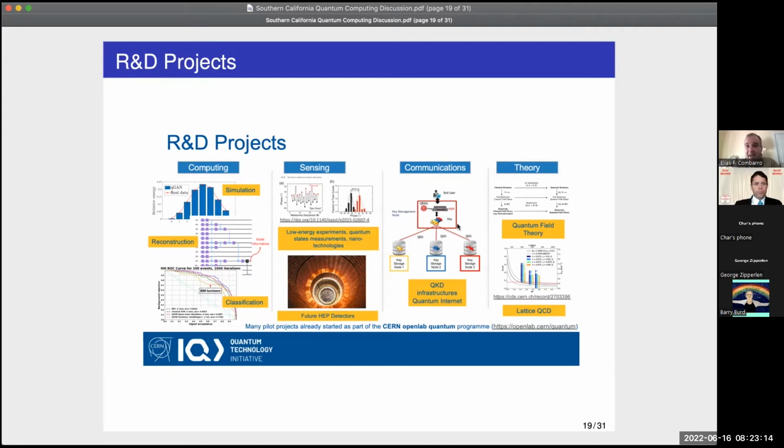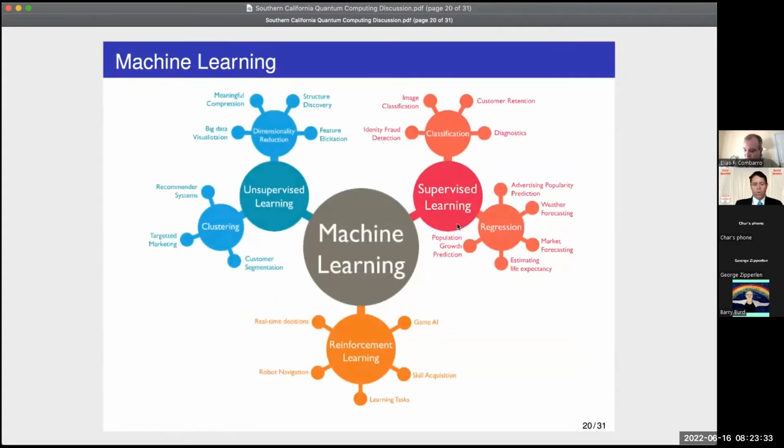So I would like to at least give you a brief description of the projects I've been working on together with people at CERN under the umbrella of this initiative, especially in machine learning. And as you know, machine learning has many different flavors. You can talk about supervised learning, unsupervised learning, reinforcement learning. So I wanted to select one type of problem from each of these branches and give you a quick idea of what we are doing and what we are trying to achieve with the application of quantum techniques.